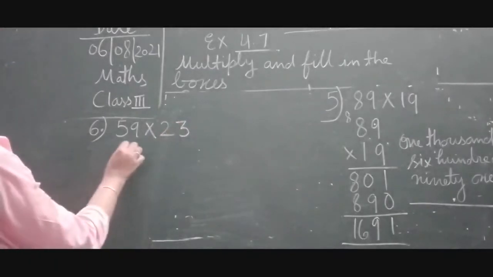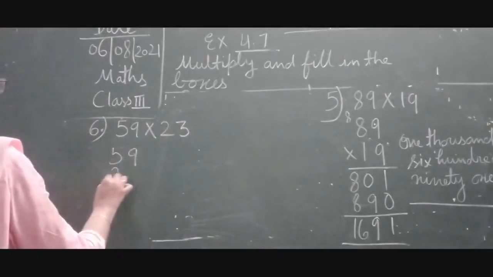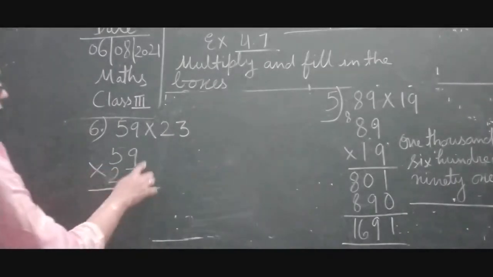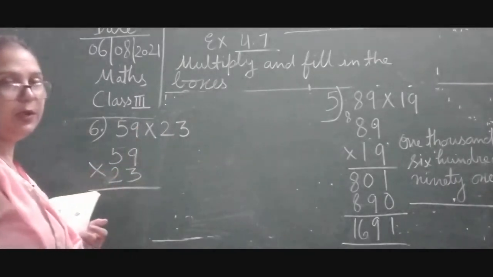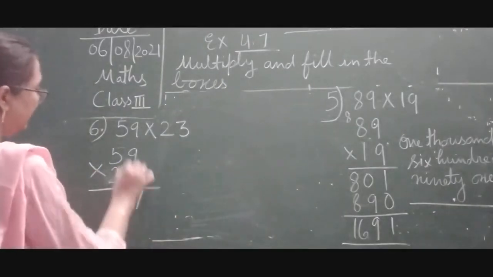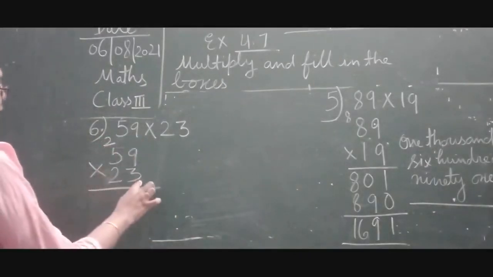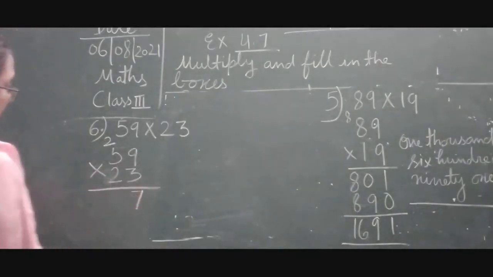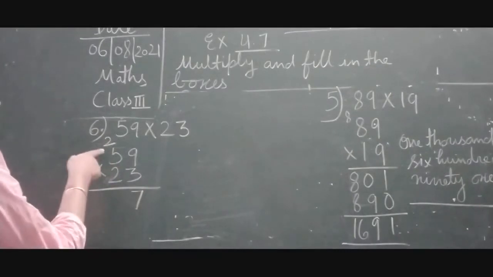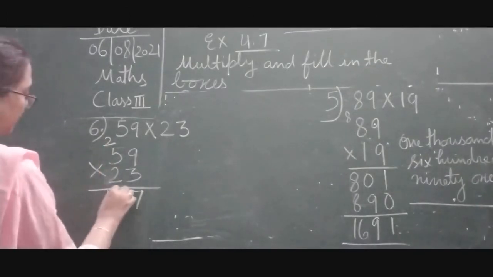Okay. Now here 59 by 23, if we multiply, what will we get? 3 9s are 27. So 27, we will write 7, 2 will be carried over. 3 5s are 15. 15 plus 2 is 17.